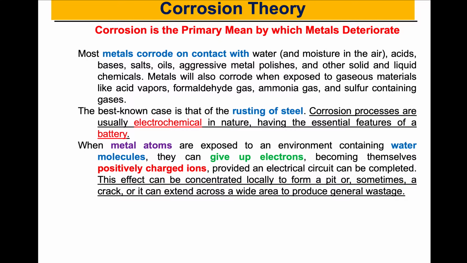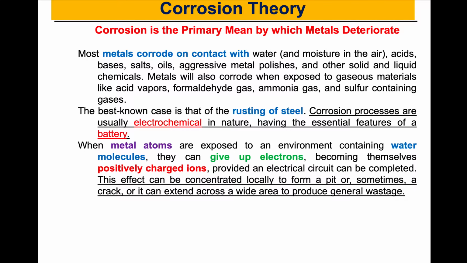We have metals that lost electrons and became positive, we have loose electrons, and we have water that is immediate, just like a wire connecting them together. All of these elements provide an electrical circuit. It's complete.